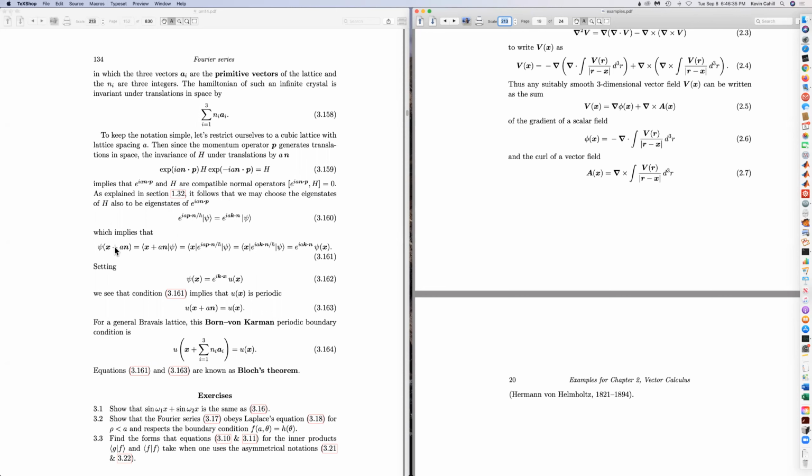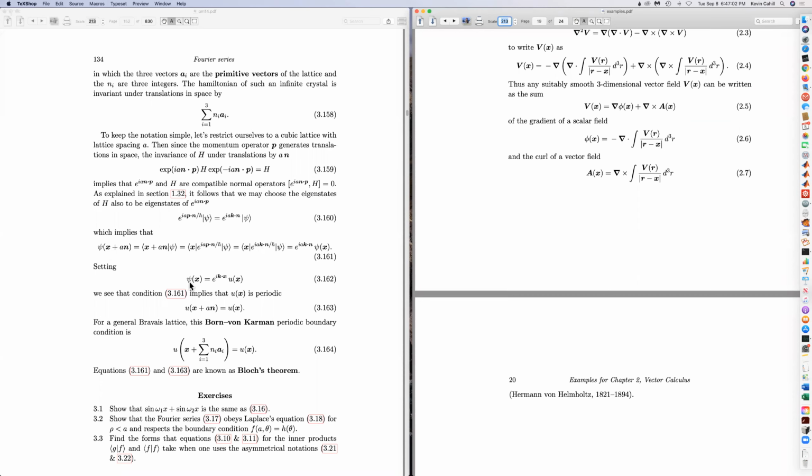And that implies, if you take an inner product from the left with the bra x, you get psi of x plus a n equals the inner product of x plus a n with psi, which is the same thing as x e to the i a p dot n. This is a state that's an eigenstate of p, so we get a k, and then we can pull out the space factor.